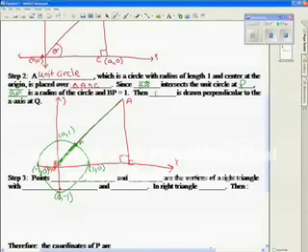Then PQ is drawn perpendicular to the x-axis at Q. And this also represents a right triangle.